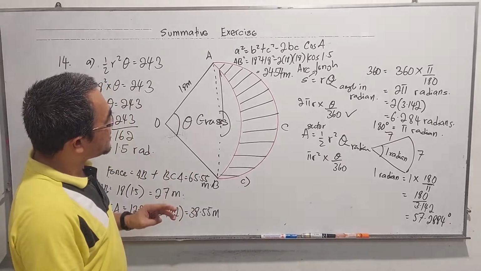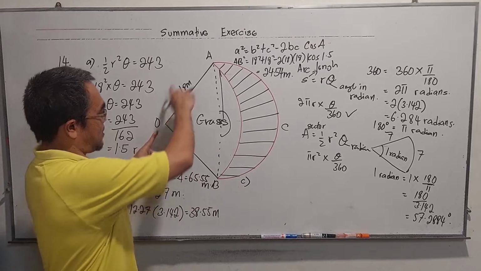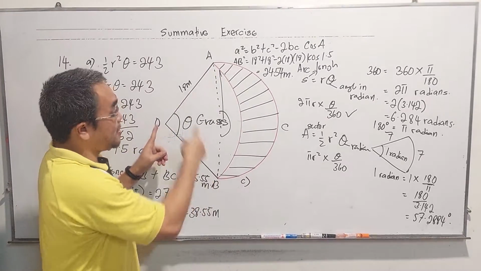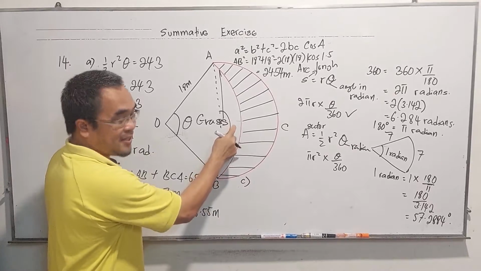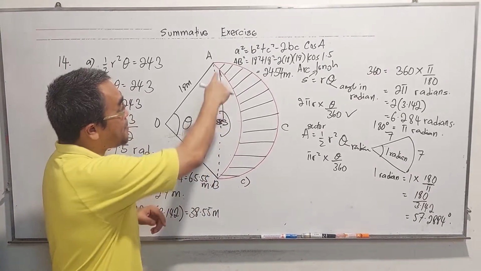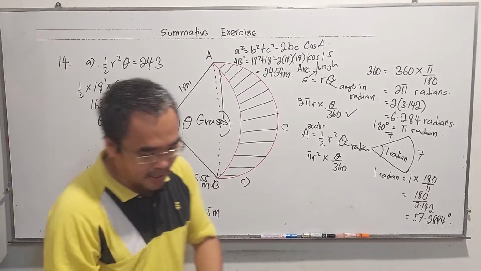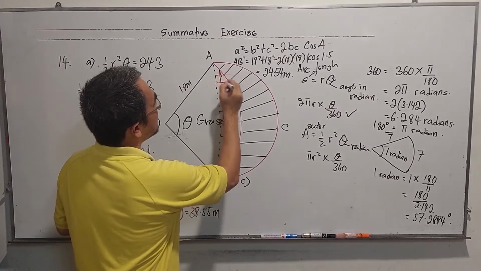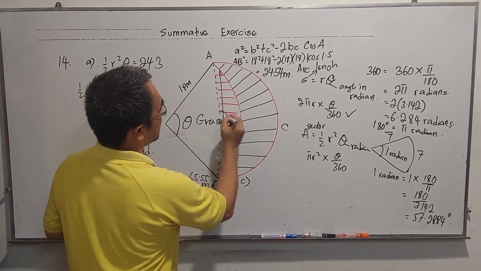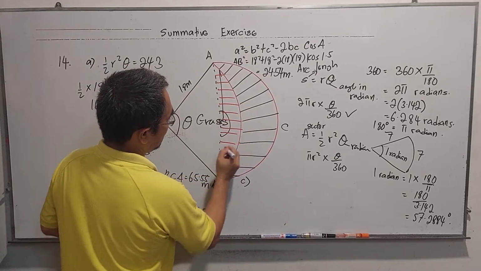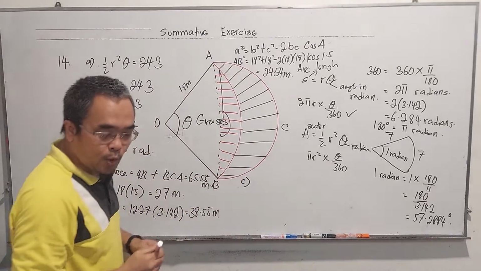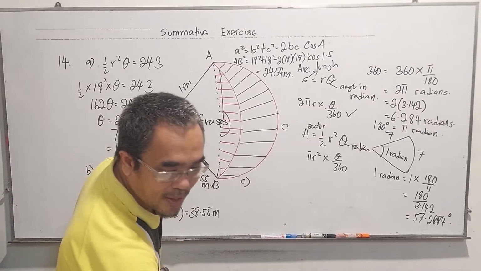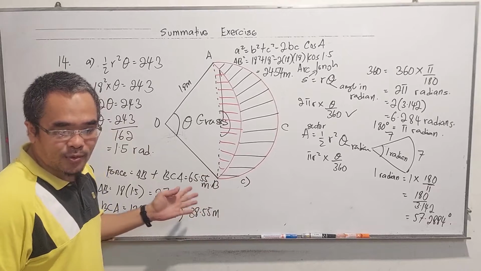First you calculate the sector and then the triangle. After you subtract, you get the unshaded region, this part, the red shaded region. Why do we need to calculate the red shaded region?